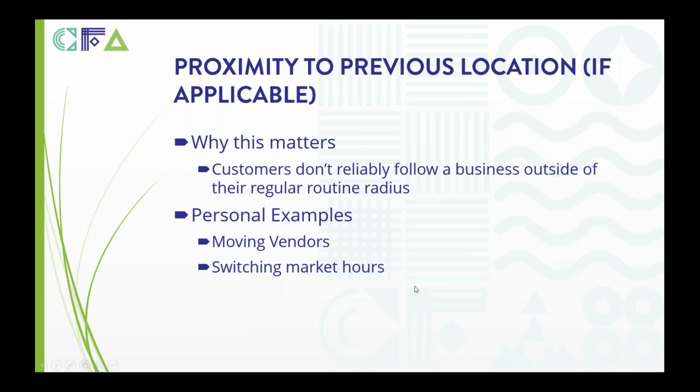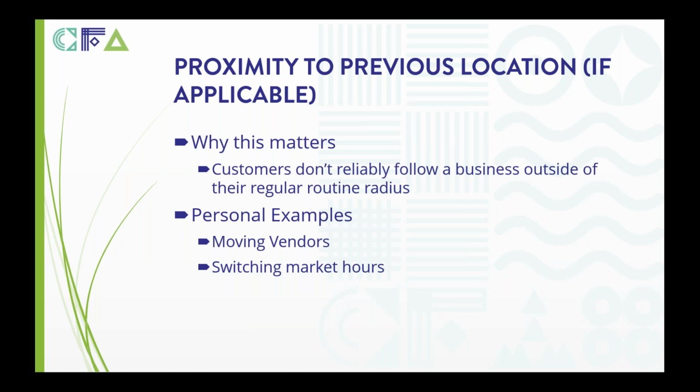The other story I have: I had a market that landed on July 4th. It was a night market on Wednesday nights, and we decided to switch the hours for July 4th to that morning. So we did a 9 to 1 market instead of a 4 to 8 market.